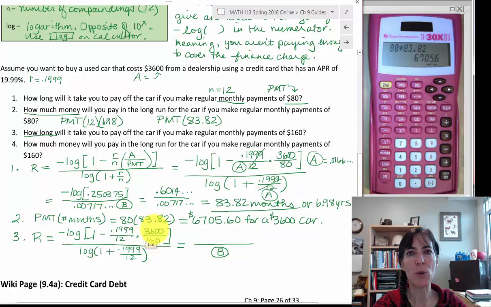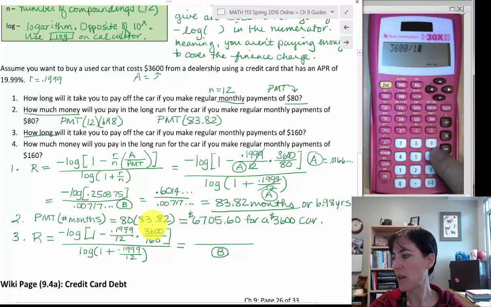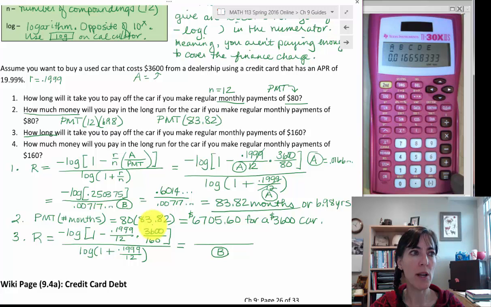First thing I'll do though is take this 3,600 divided by the 160. And I get 22.5, and that I will multiply by what's in A, which was my 19.99 divided by 12, and I get 0.37, and then remember I have to do 1 minus this value.